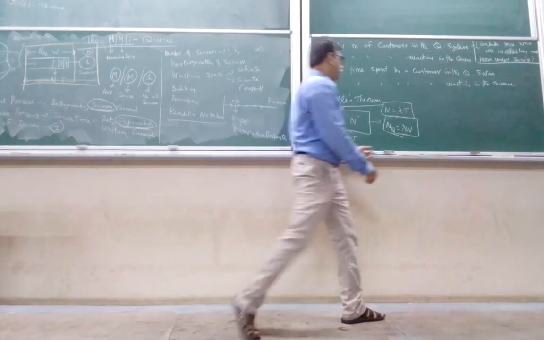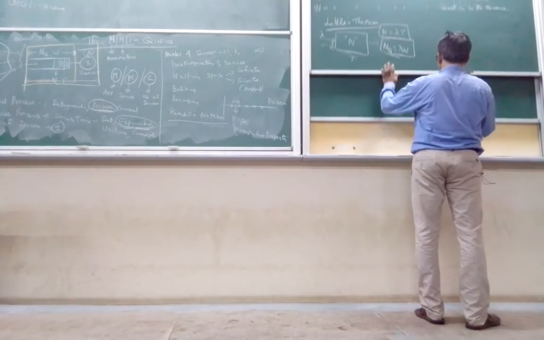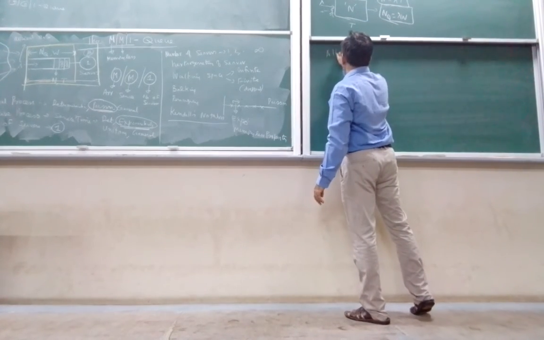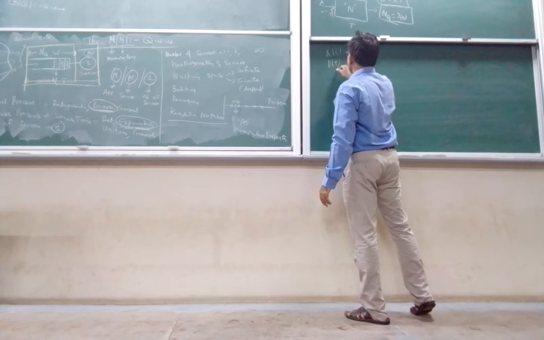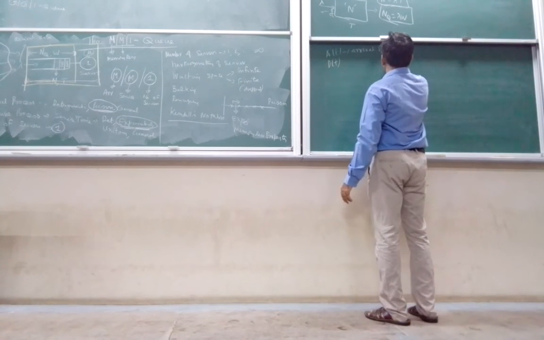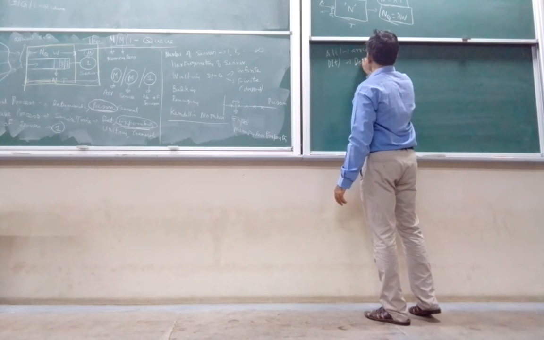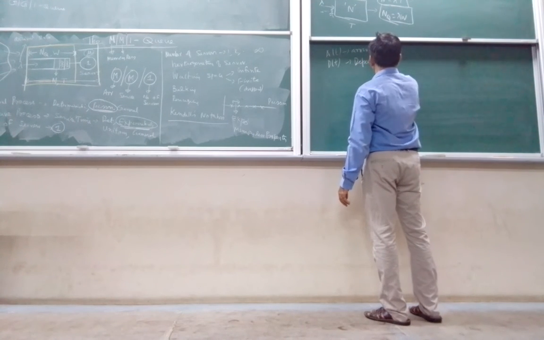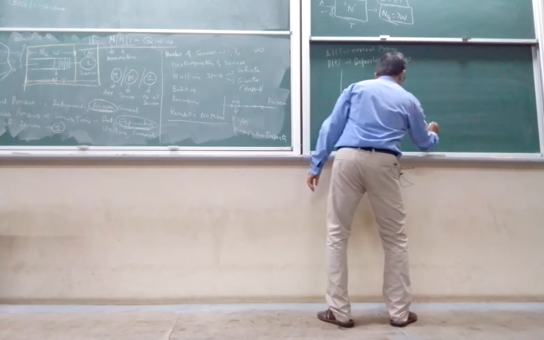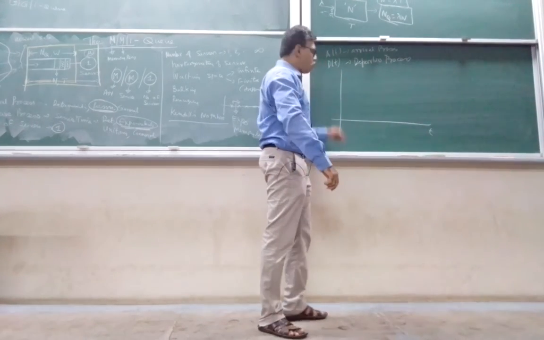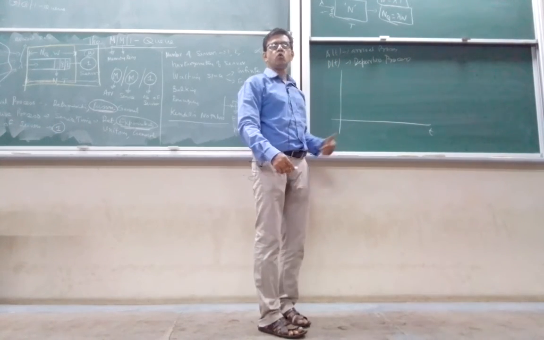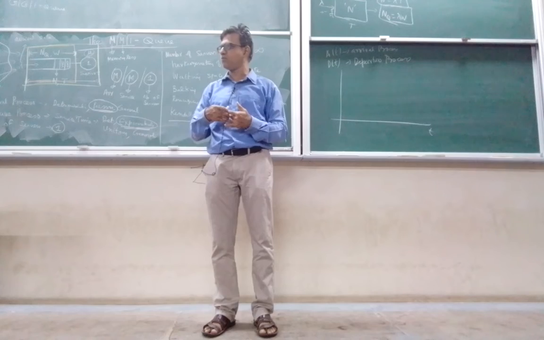How do we prove this? Let's look at two things. One is A of T, another is D of T. This is the arrival process, this is the departure process. We will plot it against time. A of T is the number of customers who have arrived till the time T, starting from 0.